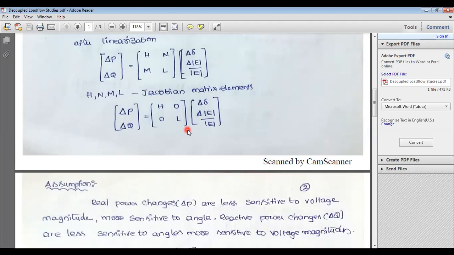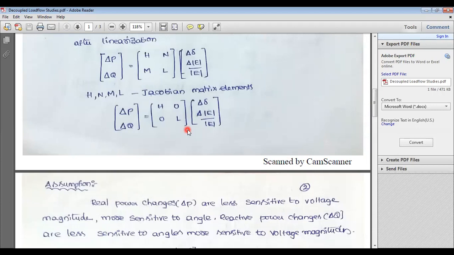You are already familiar with the relationship between real power and phase angle, and between reactive power and voltage. In transmission and distribution, you have this type of relation. How can you control the real power and the reactive power? Just by controlling the phase angle or load angle of the generator, you can control the real power.